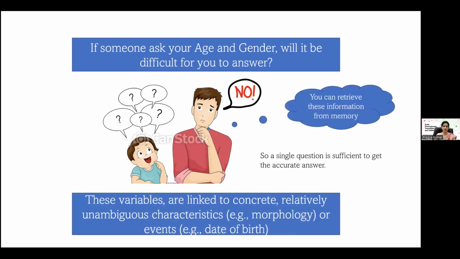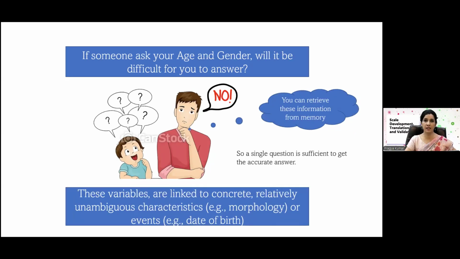These variables are linked to unambiguous characteristics and we are very tuned to them. But if you recall, when kids are very small, they don't understand the difference between male and female because they are just learning. But through repeated exposure, they learn who is male and who is female.